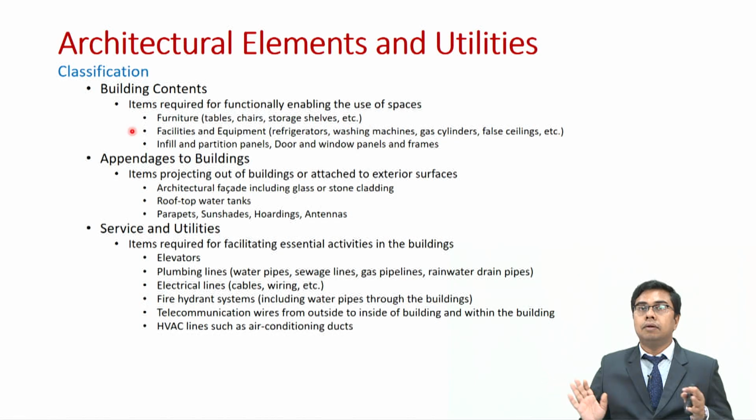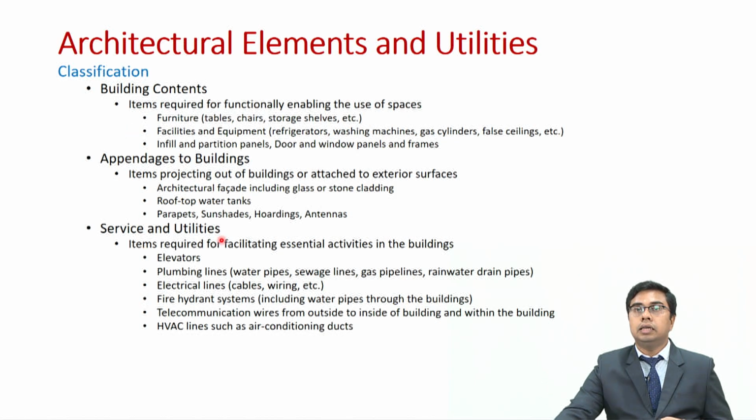But at the same time, this building can be used for some other purpose, but services and utilities are items that are required for essential activities in the building. This is not for the desired functionality, this is essential activities in the building, such as elevators. We can have plumbing lines, which include water pipes, sewage lines, gas pipelines and rainwater drain pipes.